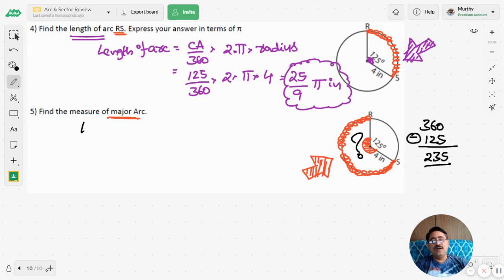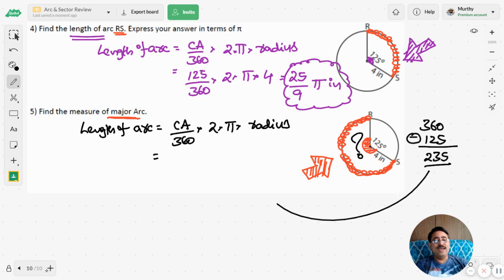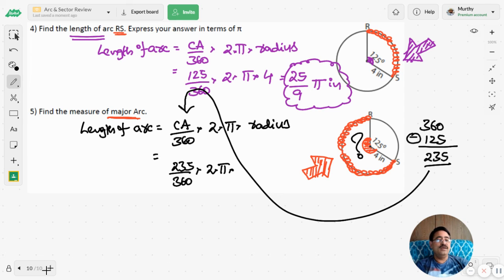Length of arc is central angle over 360 times 2 times pi times radius. So the central angle is not 125, it is 235 over 360 times 2 times pi times radius, which is 4 inches.